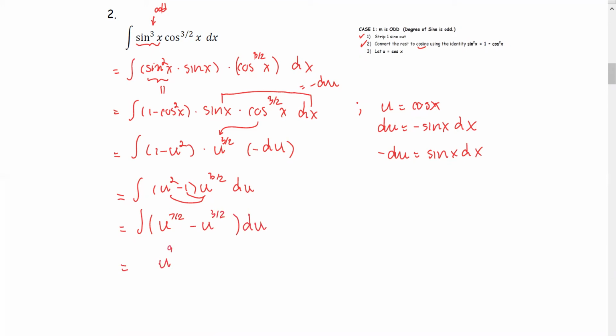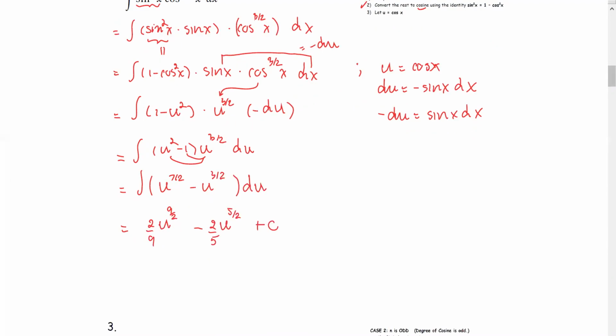We have u to the power 9 over 2 multiplied by 2 over 9 minus u to the power 5 over 2 multiplied by 2 over 5 plus c. And replace u with cosine x to get 2 over 9 multiplied by cosine x to the power 9 over 2 minus 2 over 5 multiplied by cosine x to the power 5 over 2, and then plus c.